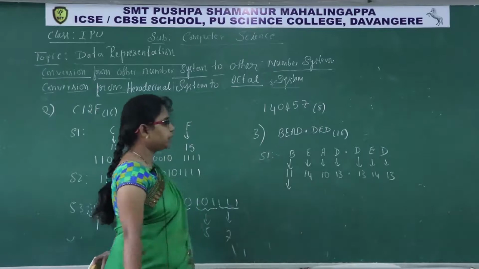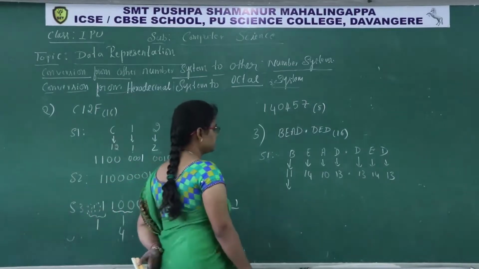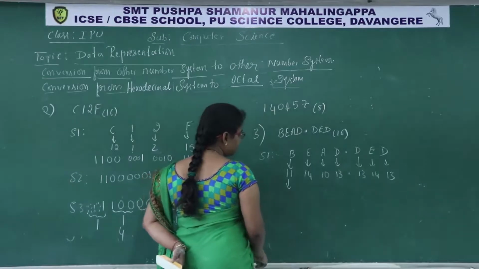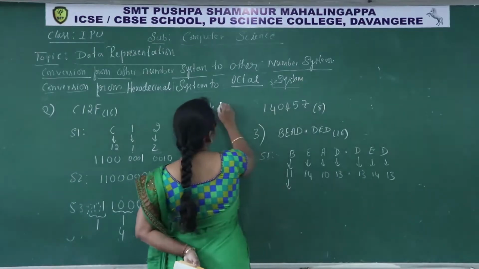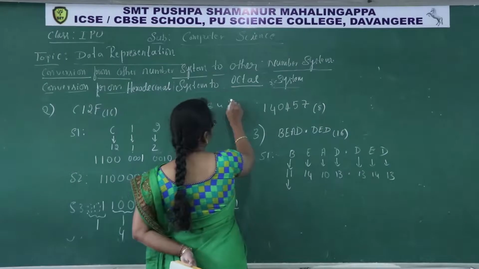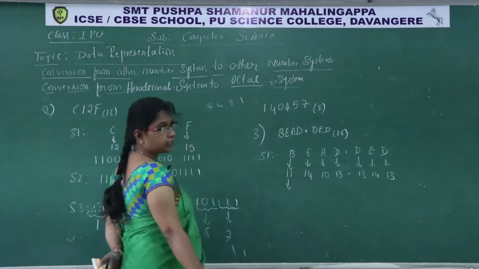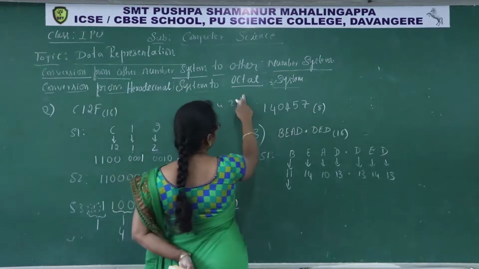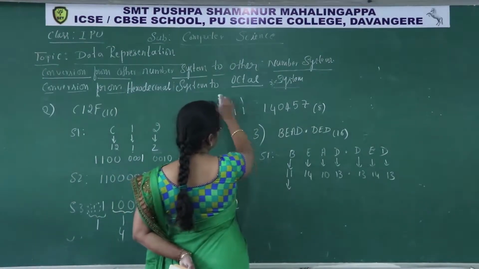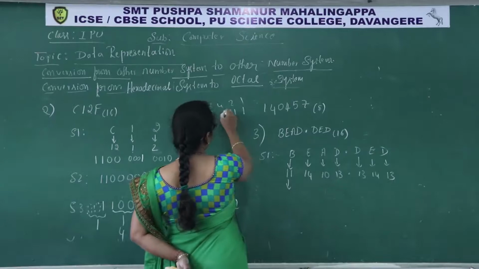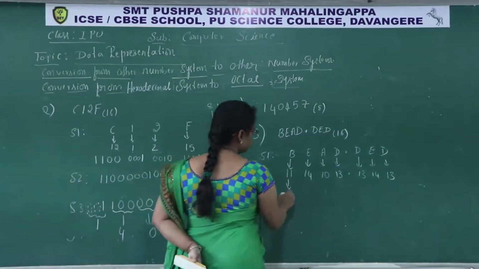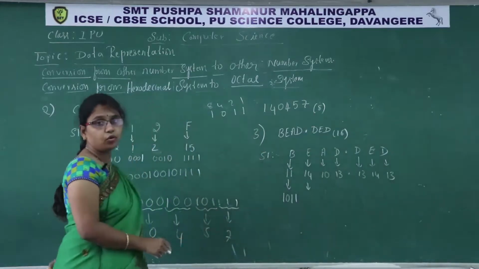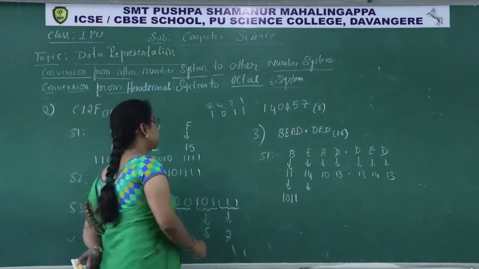Then what is the 4-bit binary representation? 8 plus 2 is 10, 10 plus 1 is 11, isn't it? The weights are 8, 4, 2, 1. I need 11 here. If you add 8, 2 and 1, you will get 11. So under these positions I must write 1 and the remaining 0: 1011. 14 means 8 plus 4 is 12, 12 plus 2 is 14.